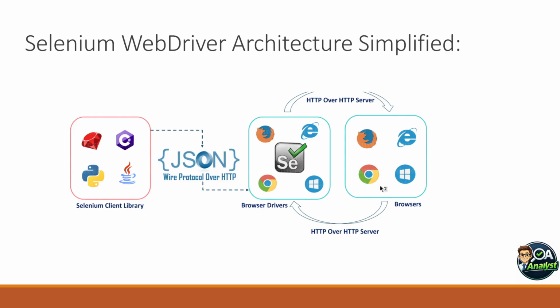These are the browsers, and every browser has its specific browser driver, like ChromeDriver, Gecko driver, Edge driver, Internet Explorer driver, Safari driver for Safari, Opera driver. So for every browser there is a specific browser driver.